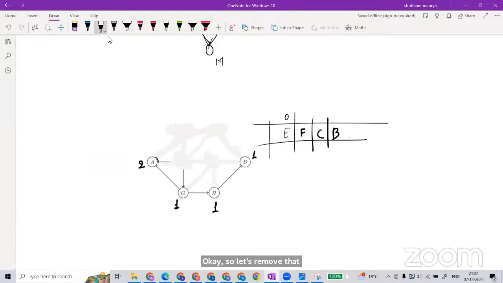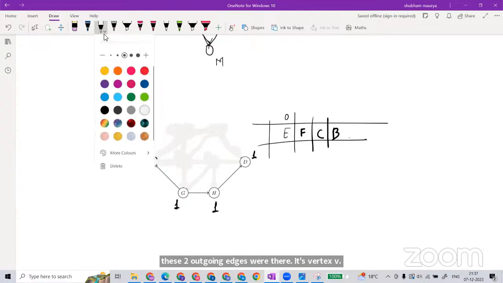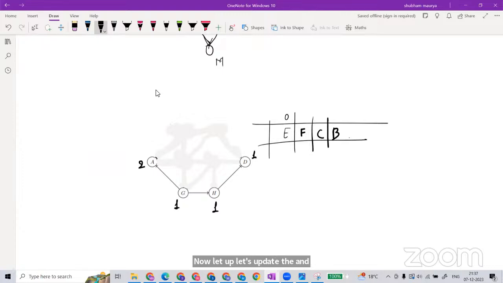So we removed it here, so the outgoing edges are removed, and these two outgoing edges were there with vertex B. Now let's update the in degrees. If we update the in degrees now, see that it will become 0, and this will become 1. These two are outgoing edges from the vertex B.